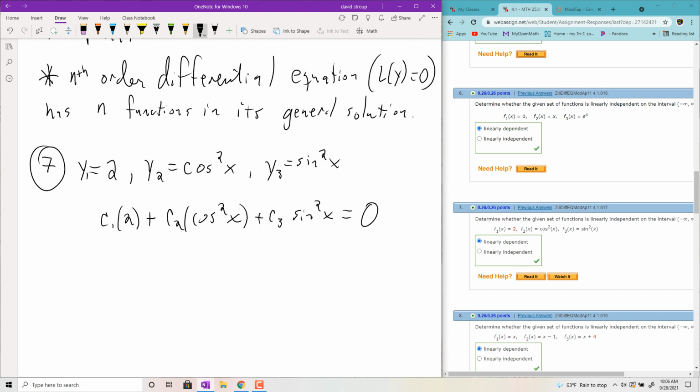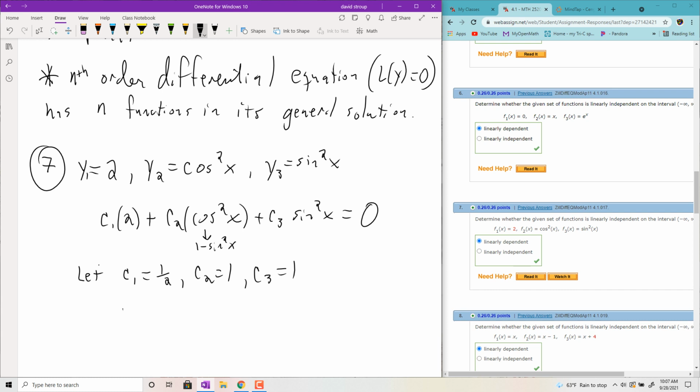So in particular, you could usually replace cosine with 1 minus sine squared, and then you'll probably be able to get to your answer. So let C1 equal 1/2, C2 equal 1, and then C3 equal 1, and see what happens.